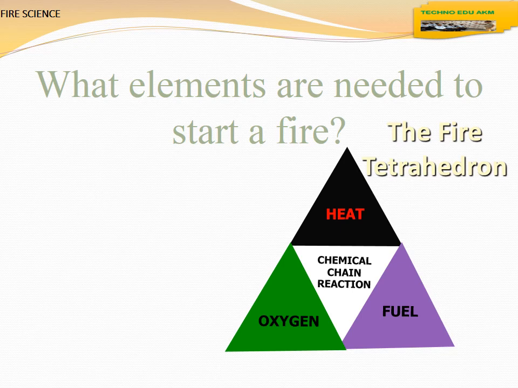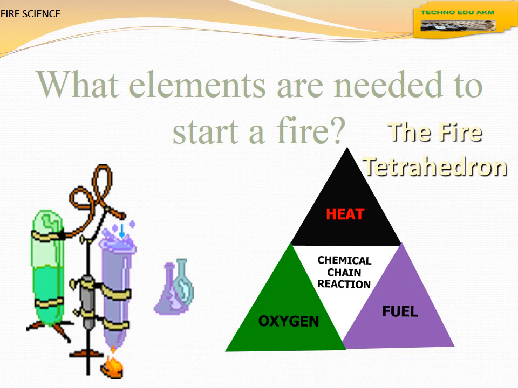The triangle illustrates the three elements. A fire needs to ignite fuel, oxygen as the oxidizing agent, and heat. As you can see, heat is utilized to start a chemical reaction.